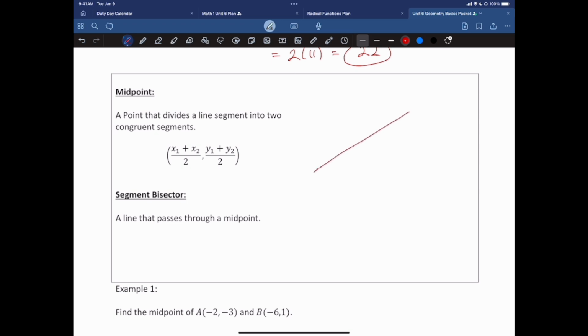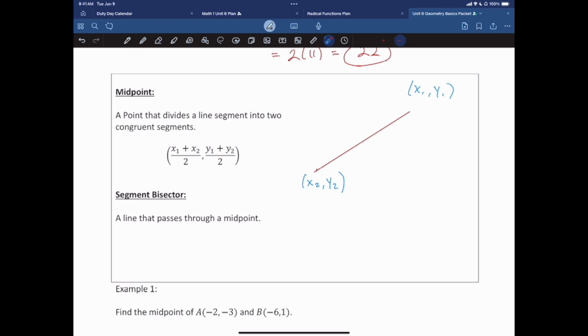Right, so if I draw a line segment here, we'll call this point x1, y1, and this point over here x2, y2. It doesn't matter. They're just saying, hey, this is my first point. Here's my second point. Okay, so first point, second point, I can switch them. It doesn't matter.